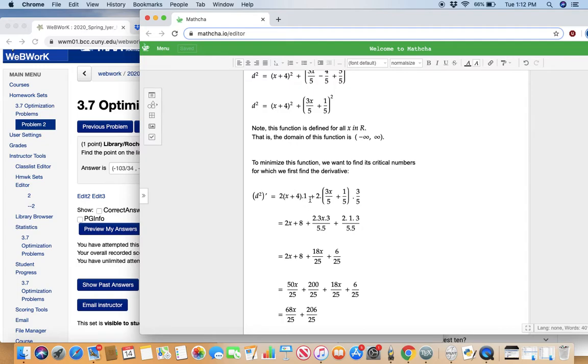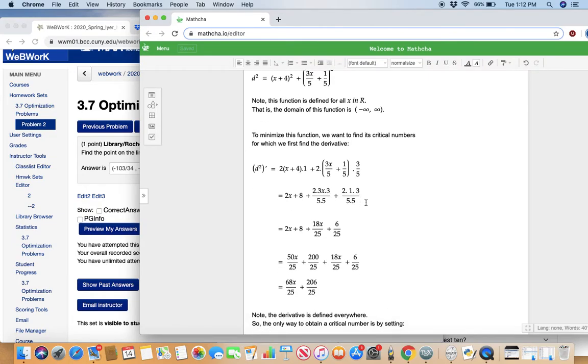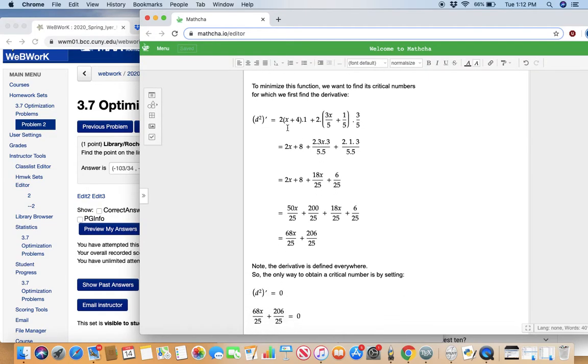Okay, plus that 2 comes down, this quantity power 1, and then the derivative of the object inside. So that gives me 3 over 5 here. Okay, so let me distribute the 2. Well, I don't have to distribute the 1 because multiplying by 1 doesn't change anything.